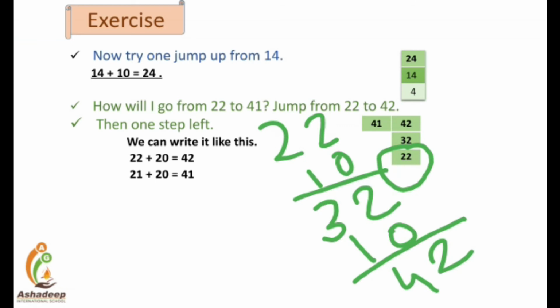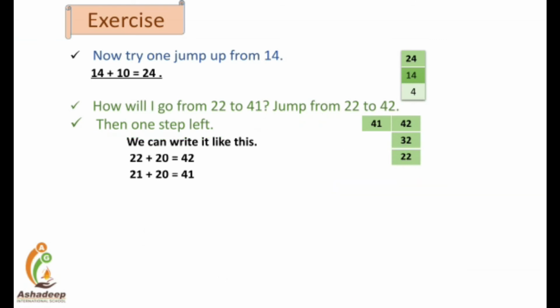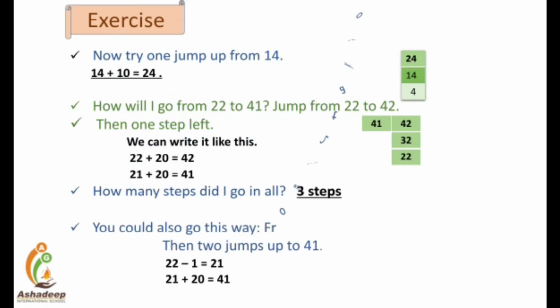And here in the question it is already given that there is one step left, so 42 minus 1, so we get 41. I hope all of you are clear how the numbers in the table are written, and the same thing applies to another question. How many steps did I go in all? Here our answer is 3 steps.